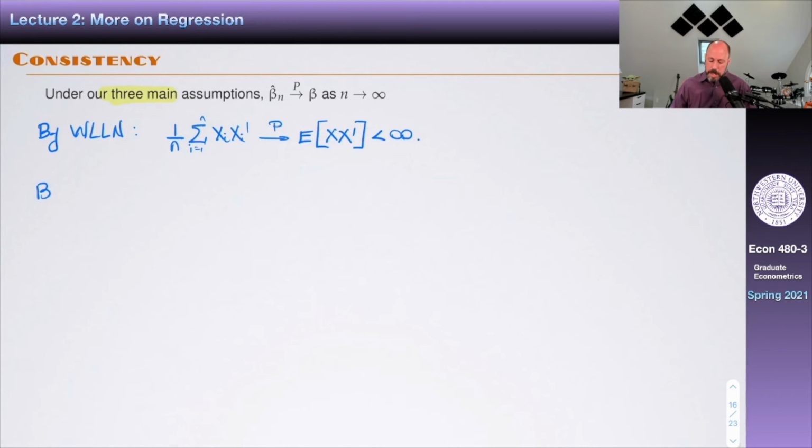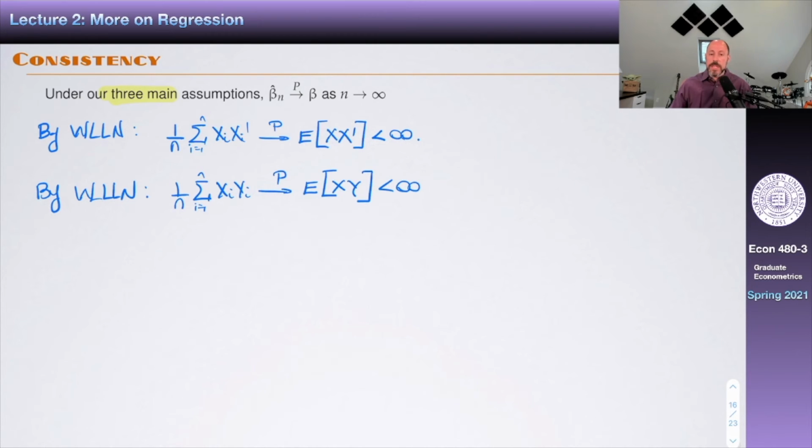And again, by the weak law of large numbers, we have that 1 over n, the sum from 1 to n of xi yi, converges in probability to the expected value of x y, which again is finite by the same assumption that we invoke.